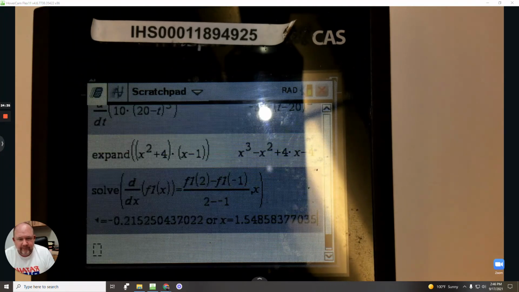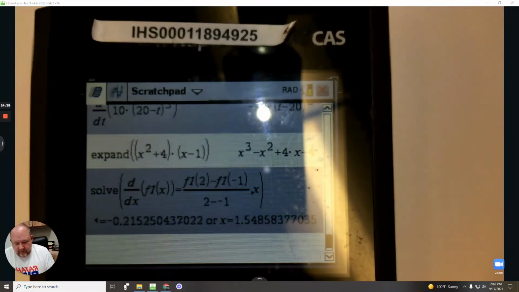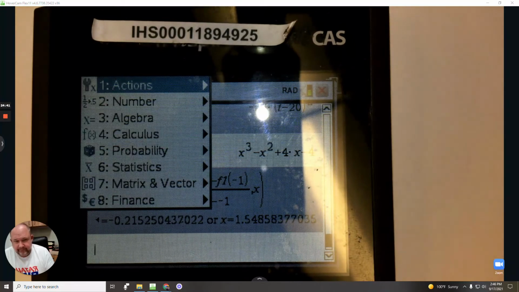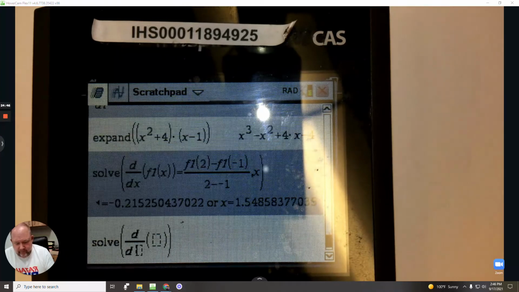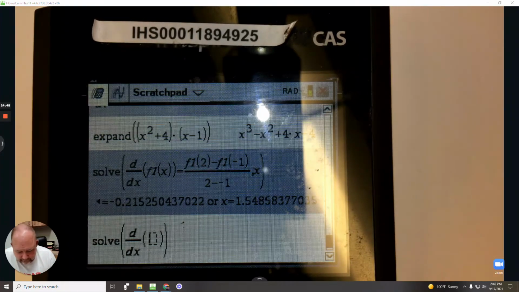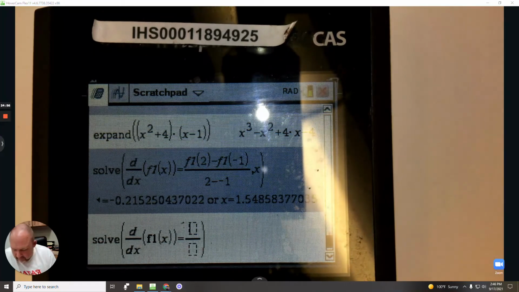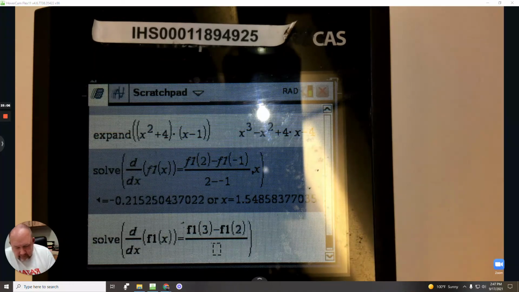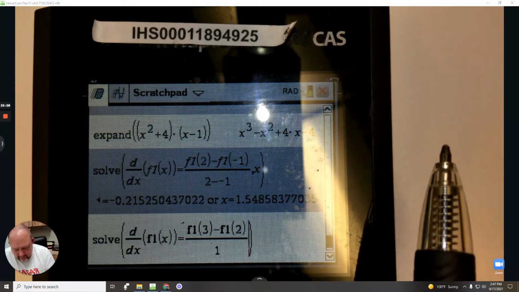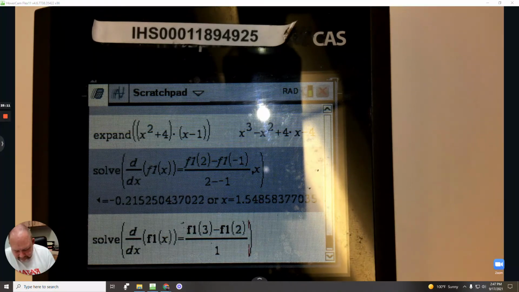Then come back here, and we're going to solve an equation, and we're going to do the derivative of f1 at x equal to a fraction line, f1 at 3 subtract f1 at 2 divided by 3 take away 2, or 1, comma x.